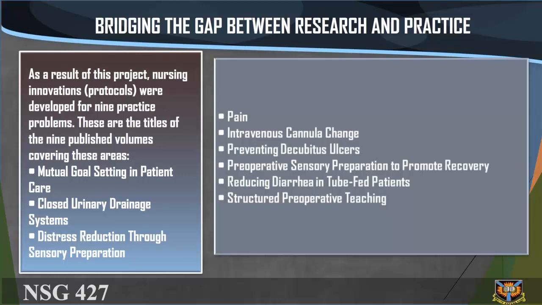Distress reduction through sensory preparation. 4. Pain. 5. Intravenous cannula change. 6. Preventing decubitus ulcers. 7. Preoperative sensory preparation to promote recovery. 8. Reducing diarrhea in tube-fed patients. And 9. Structured preoperative teaching.